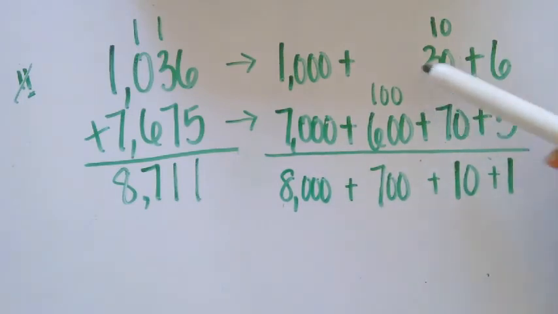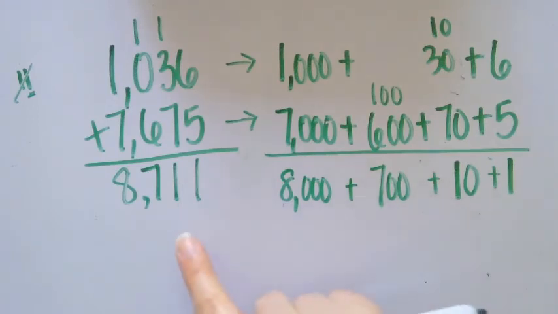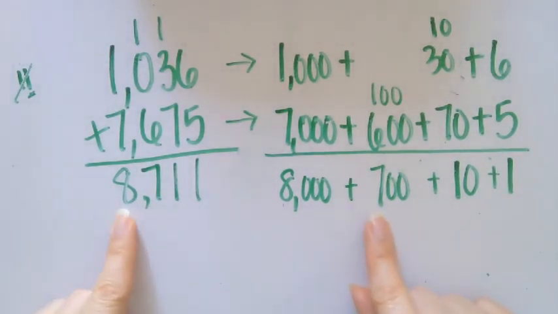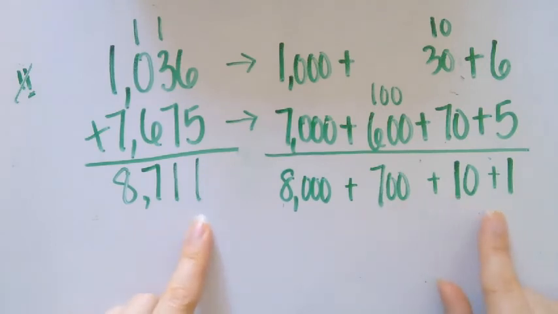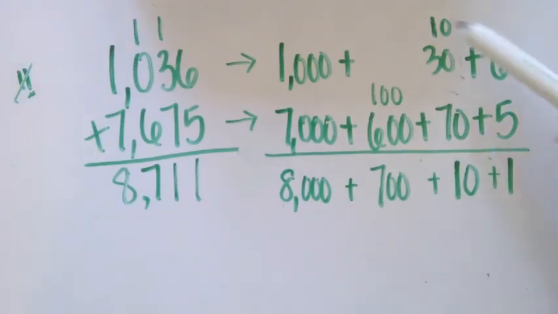All right, so now we're going to take a look at how we can change this expanded notation form of the word or number into 8,711, because it reads 8,700, 10 plus 1, giving you that 11, okay? All right, so this is some good review.